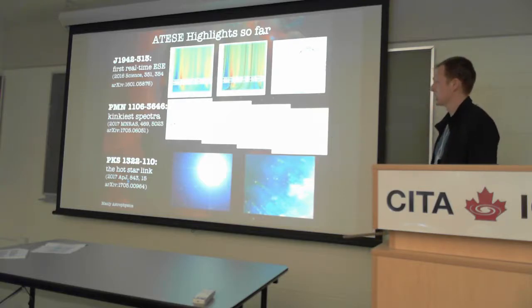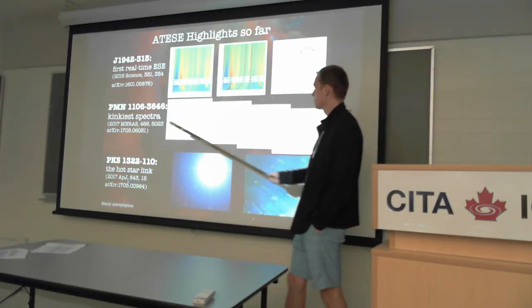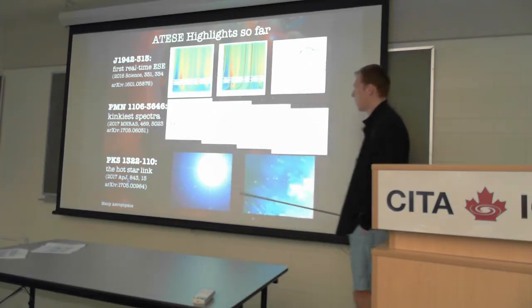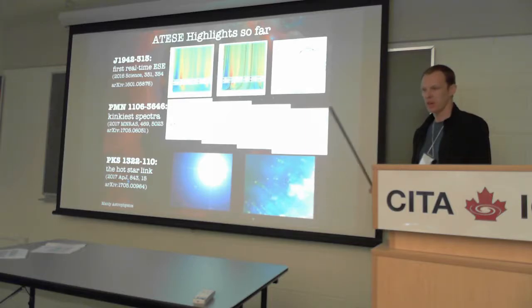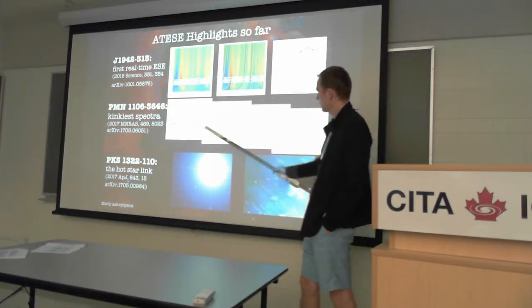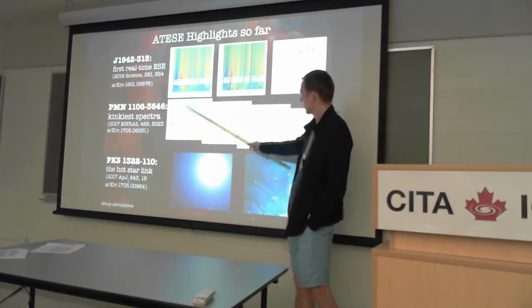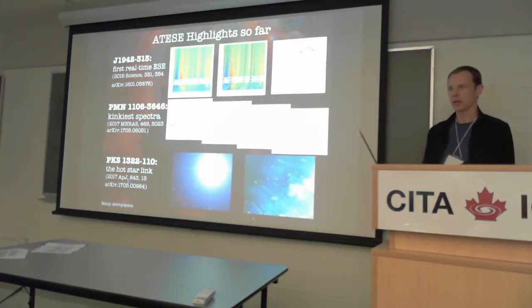Another highlight, which is not very widely known, was that source PMN 1106, which just shows the craziest radio spectra that you've ever seen. That's just a selection of them. And in particular, this one with a kind of kinkiness, we believe was caused by a caustic crossing in the dynamic spectrum.